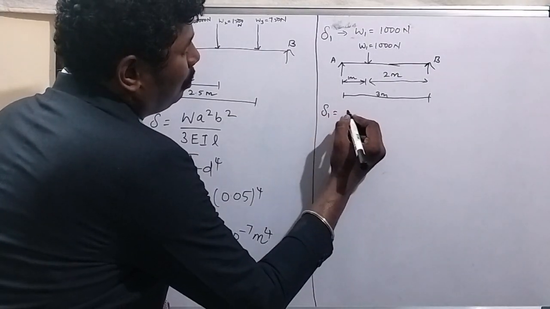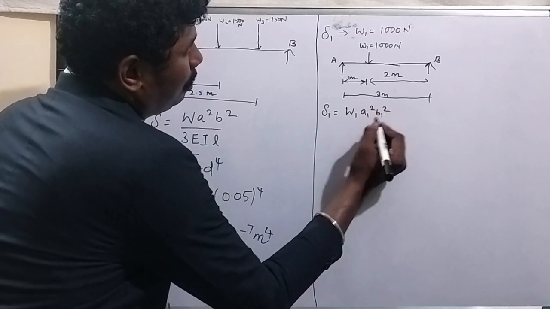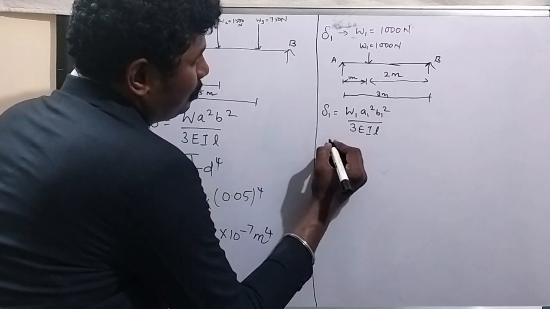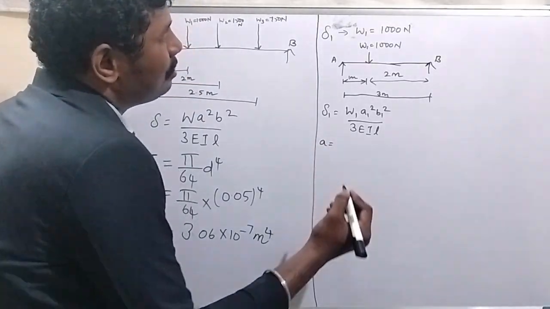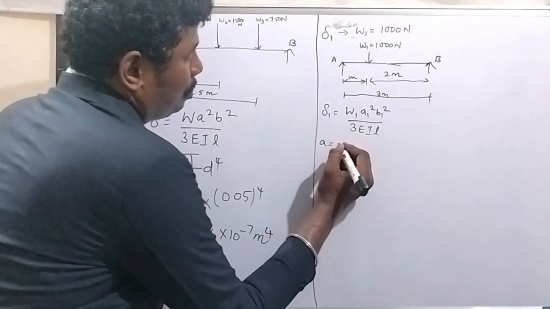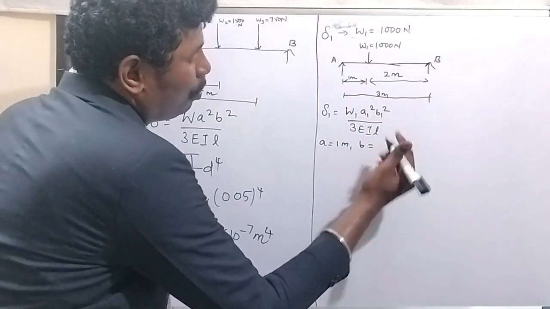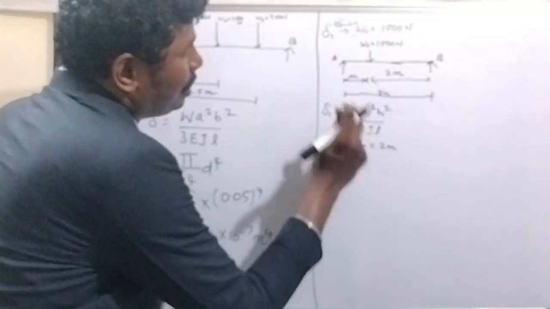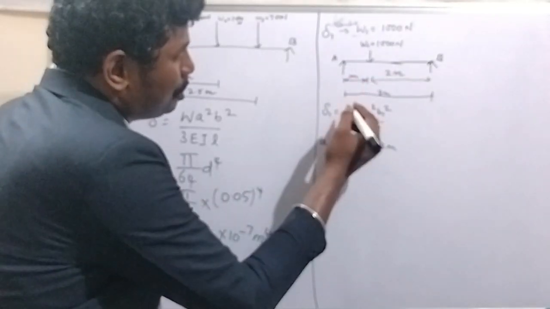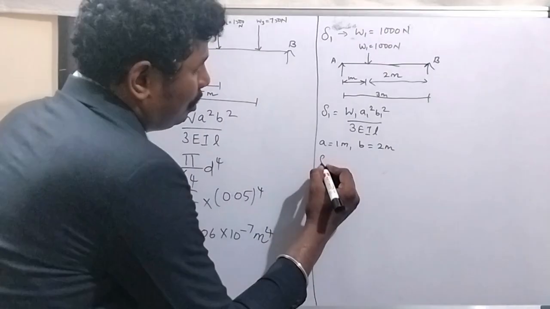We know the formula for calculating delta. Delta 1 is equal to W1 A1 square B1 square divided by 3EIL. In this case, A is the distance of the load from the left support, which is 1 meter, and B is the distance of the load from the right support, which is 2 meter. We can substitute this in the formula. Since we know all the values, we can easily calculate delta 1.